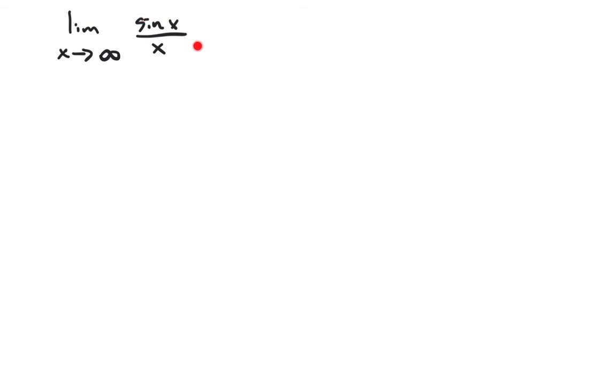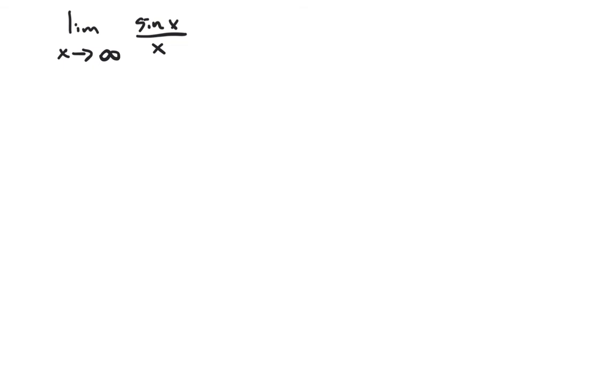So we looked at the limit of sine x over x as x approached 0. Let's look at sine x over x as x approaches positive infinity, but negative infinity's argument will be kind of the exact same. Now, a good idea is just to think about what's going on in terms of the numerator and denominator. The denominator is easy.